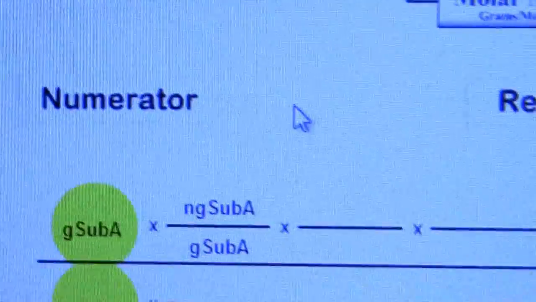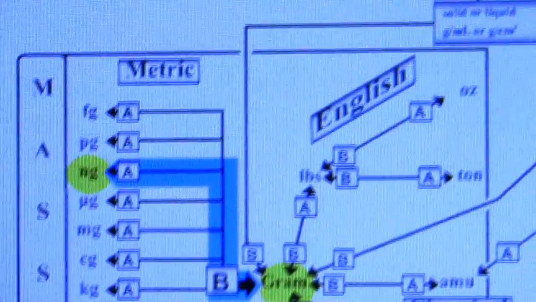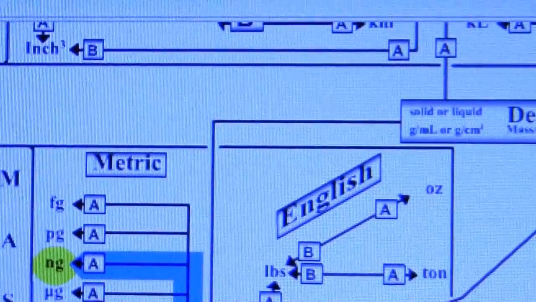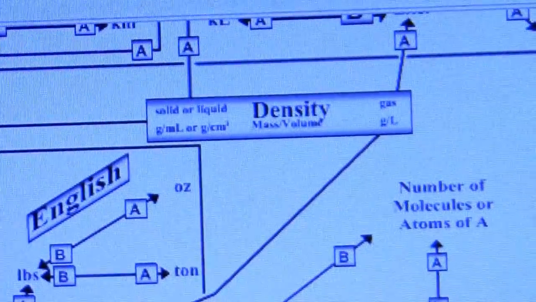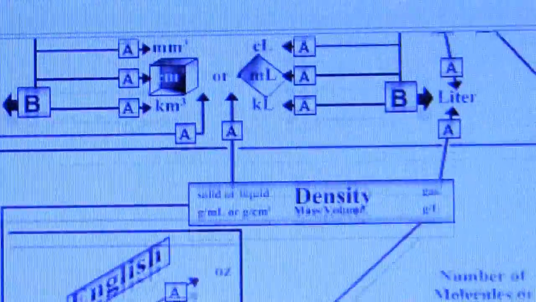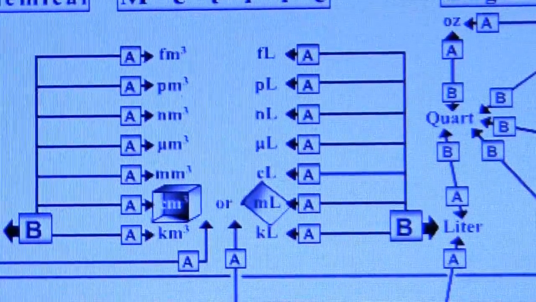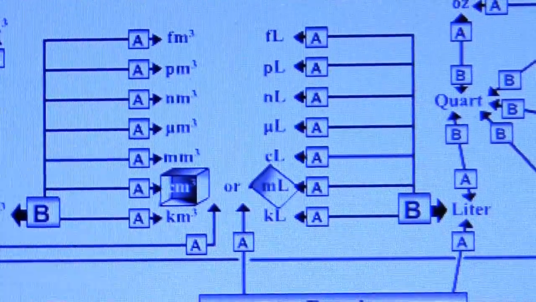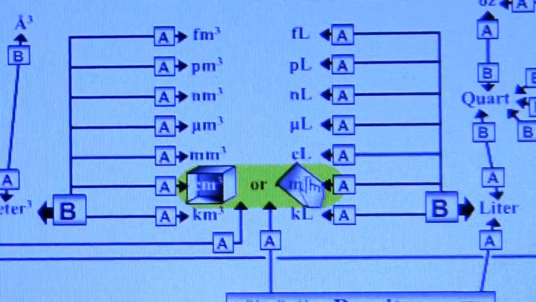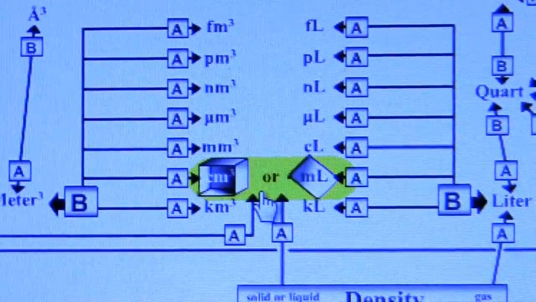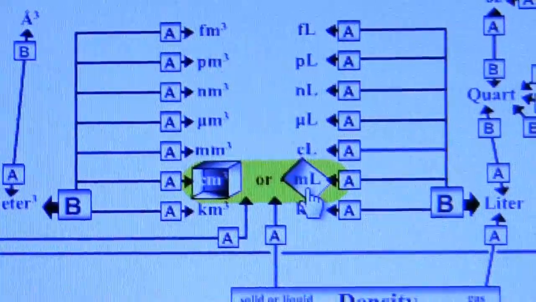Let's go to the denominator. Now, the denominator, mass over volume, so we're going to look at the volume table, and we're starting with milliliters. That's here, and you'll notice it highlights both of those because 1 cubic centimeter is 1 milliliter.